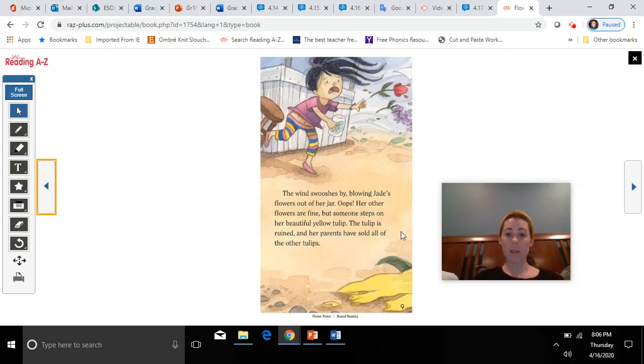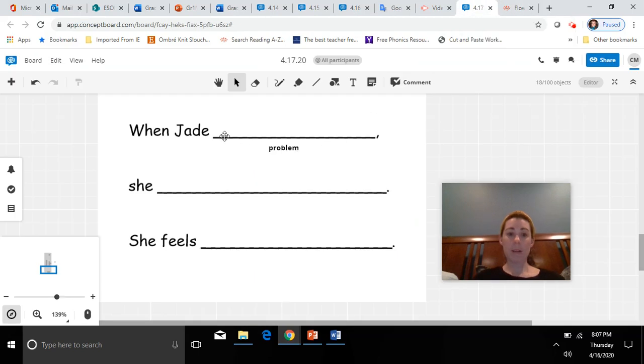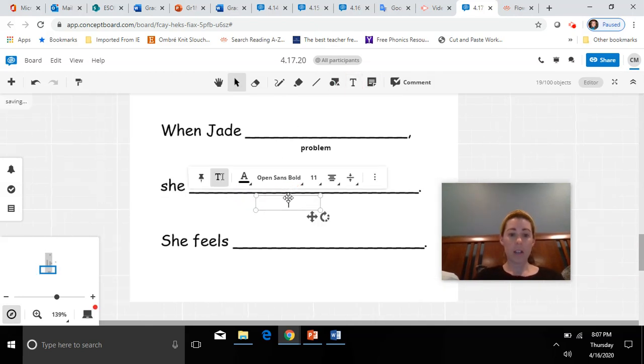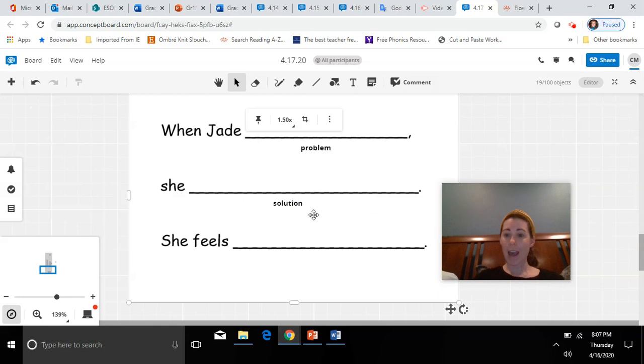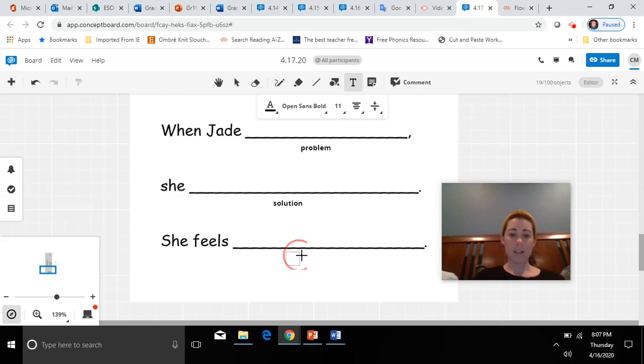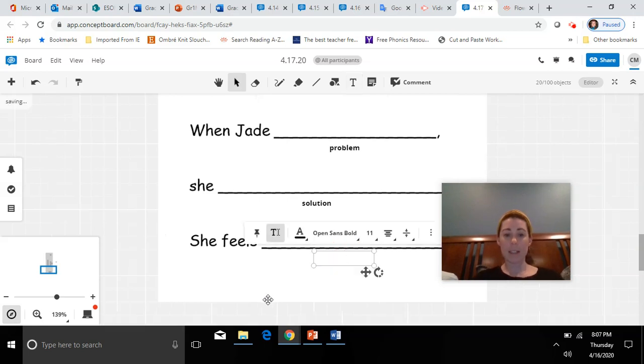Use the picture to help you. Use the paragraph Miss Makadia read to you to help as well. Okay? What is her problem? That goes in this space. And then what did she do? What was her solution? Remember, that doesn't always mean that she's happy again. And then how did she feel after her response?